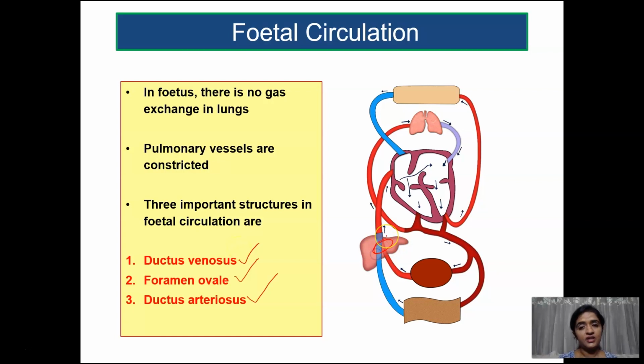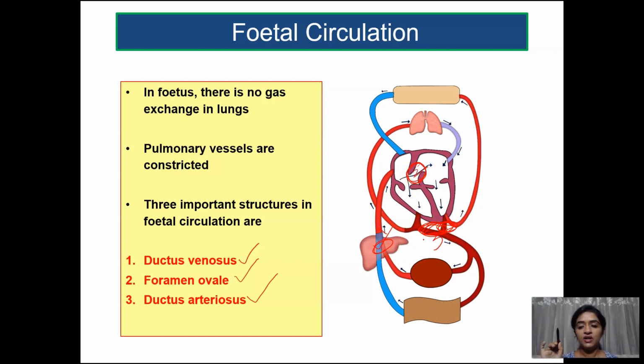This point you will get ductus venosus. Then this is the point known as foramen ovale, and this is actually known as ductus arteriosus. Okay, so these are the common things which you get: ductus venosus, then you have the foramen ovale, and then you have the ductus arteriosus. This is 1, this is 2, and this is 3.